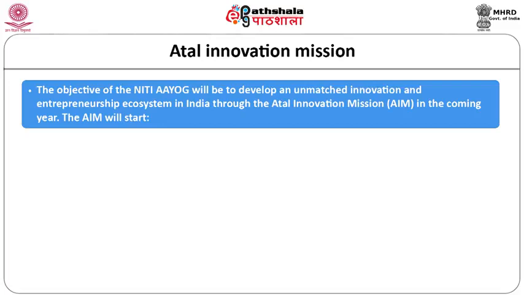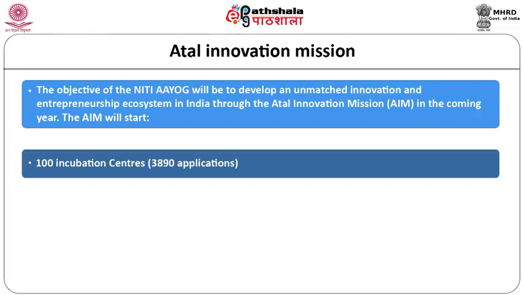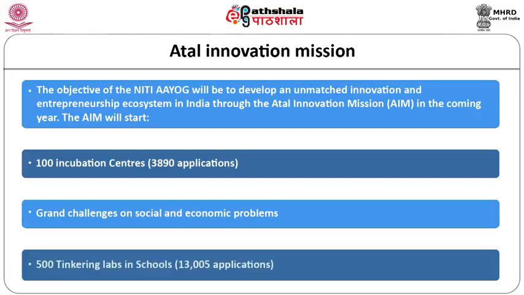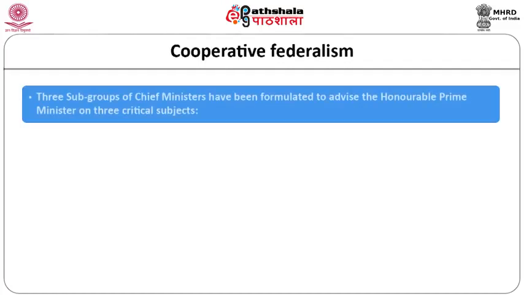The objective of the Niti Aayog will be to develop an unmatched innovation and entrepreneurship ecosystem in the country through the Atal Innovation Mission in the coming year. The mission will start with 100 incubation centers, grand challenges on social and economic problems, 500 tinkering labs in schools, cooperative federalism.